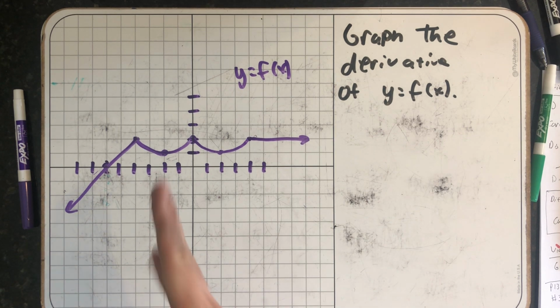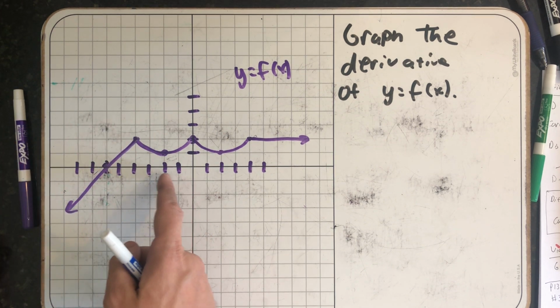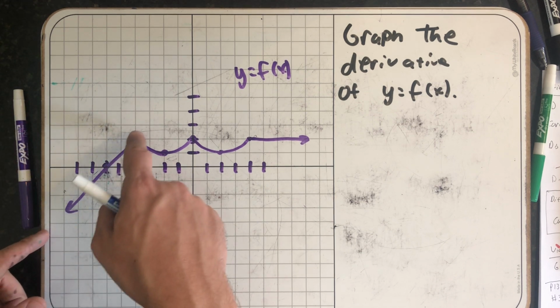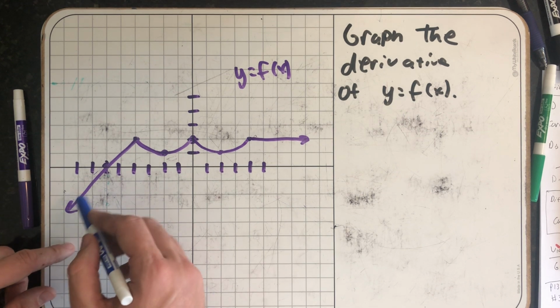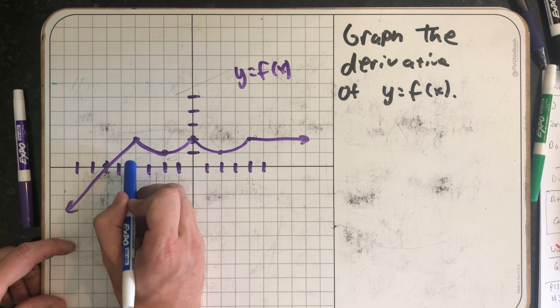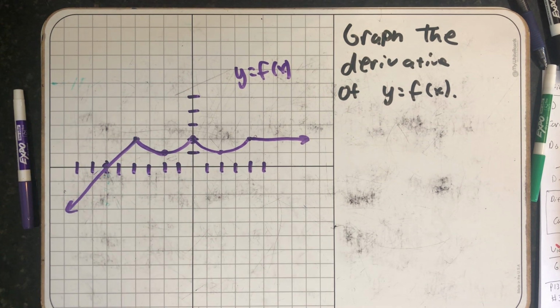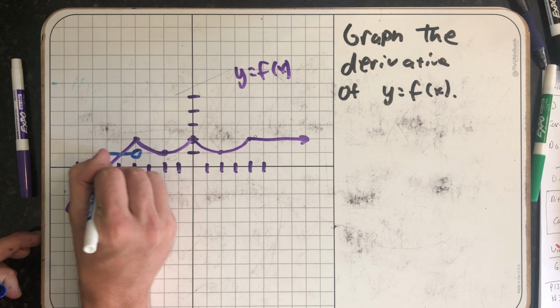So in this first piece, that is to the left of minus 4, that's a line. All right, so the derivative of a line is its slope, right? Well, this line goes over 1, 2, and up 1, 2, so 2 over 2 is 1. So its slope is 1.